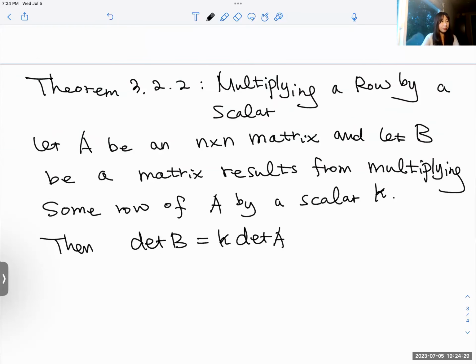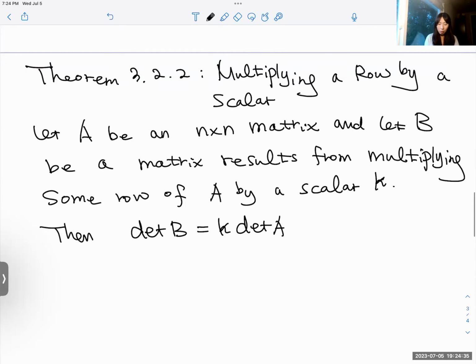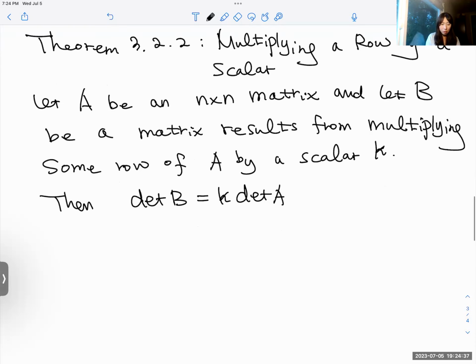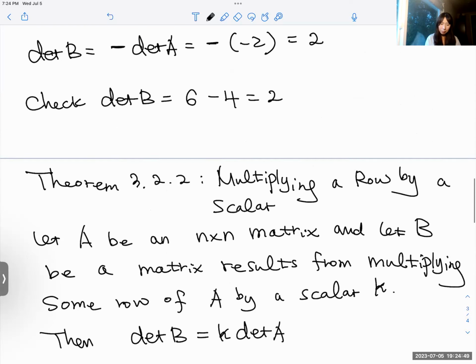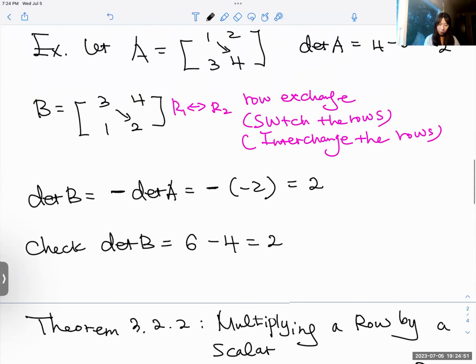Okay, now let us do this one. Let A equal to 1, 2, 3, 4. I believe it's the same, 1, 2, 3, 4, right?